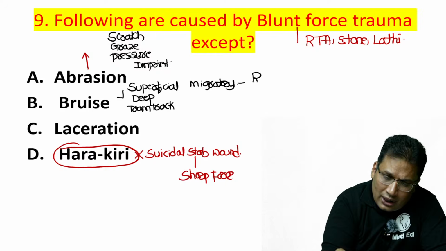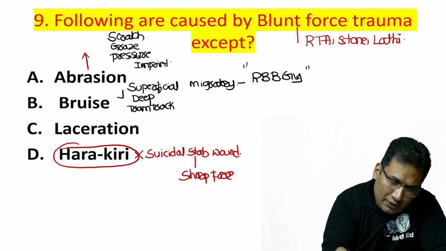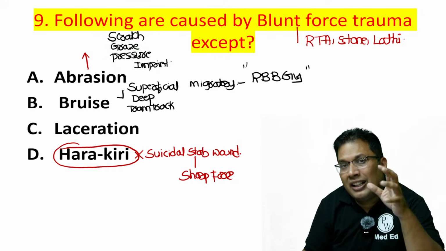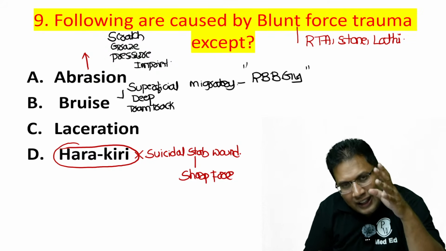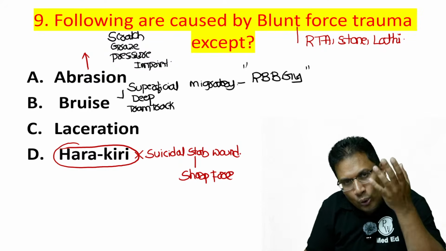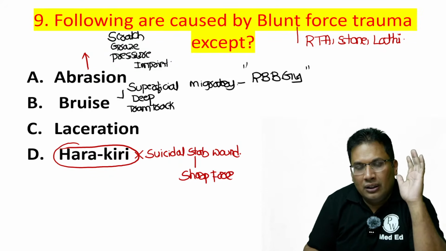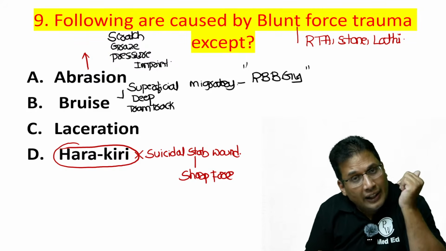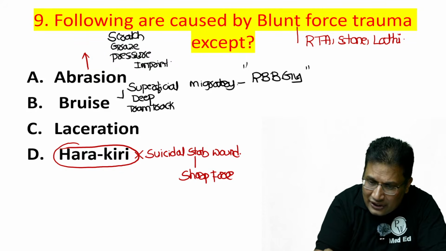The color changes of bruise, very commonly asked. So mnemonic है RBBGY. Color changes. So red color when it is fresh. Up to 3 days, blue color. 4th day, brown color. 5 to 6 day, green color. 7 to 12 day, yellow color. So this is the color change.